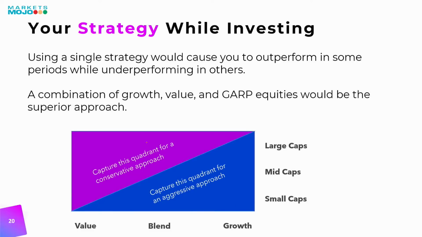When you look at the style box, before you buy any mutual fund or any particular stock, understand that this is slightly conservative. You're tilted more towards value and large cap, whereas this would be tilted more towards growth and small cap, blend and mid cap and hardly some large cap and value. So this could help you with an aggressive approach. That's one of the learnings.